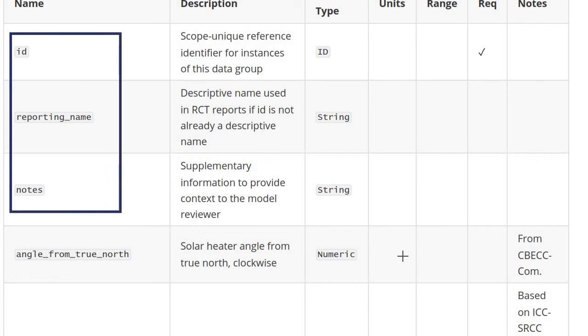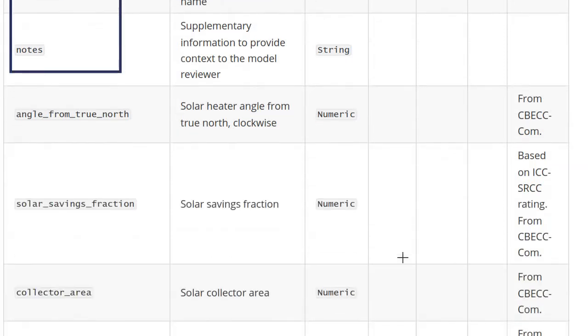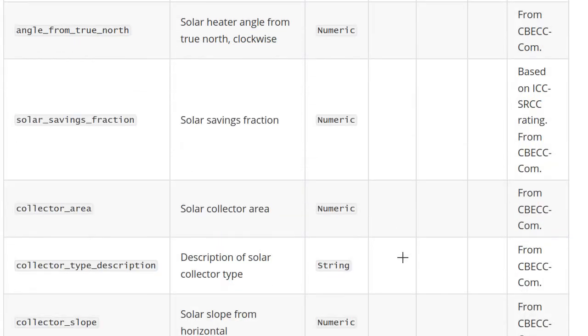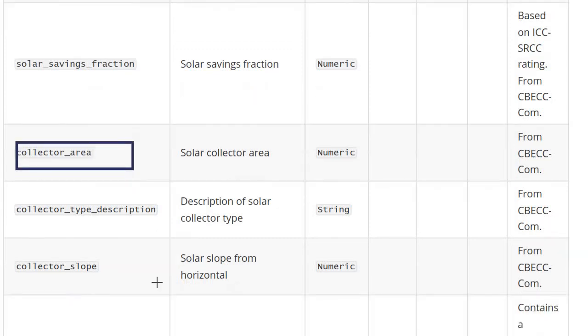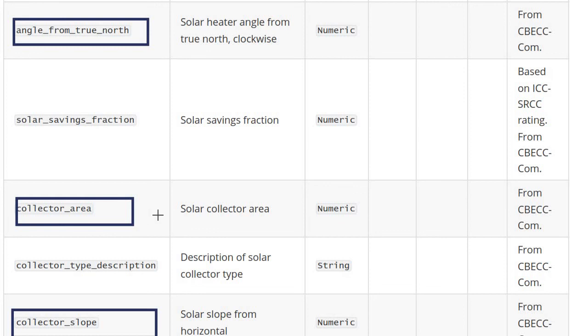So there's an ID, reporting name, and notes. And then things that you'd normally expect for describing a solar collector: the angle from true north, the area, and the collector slope. So those are all things you'd kind of expect for any kind of descriptor of a collector.